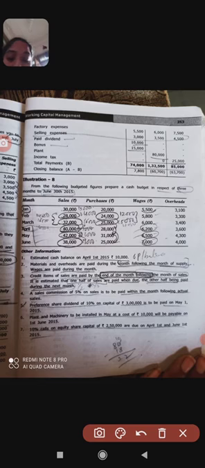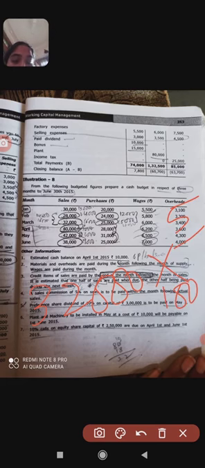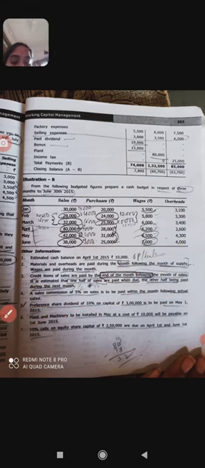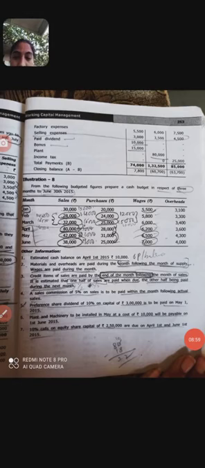Now how much are the sales? He gave a condition for March: 32,000. Sales commission of 5% on sales is to be paid within the month following the actual sales. Following month means March, then April. In April we have to calculate that.